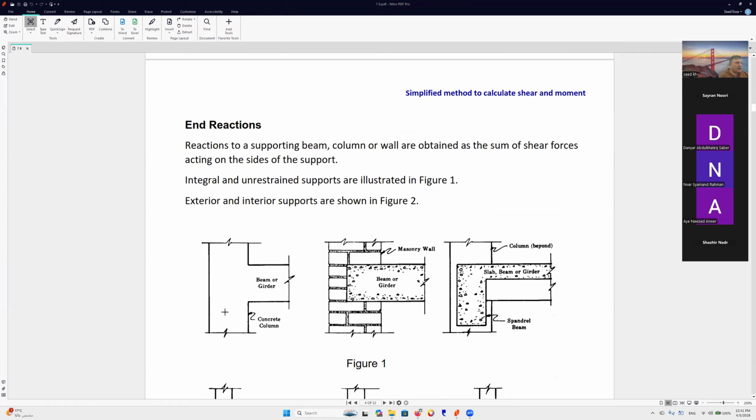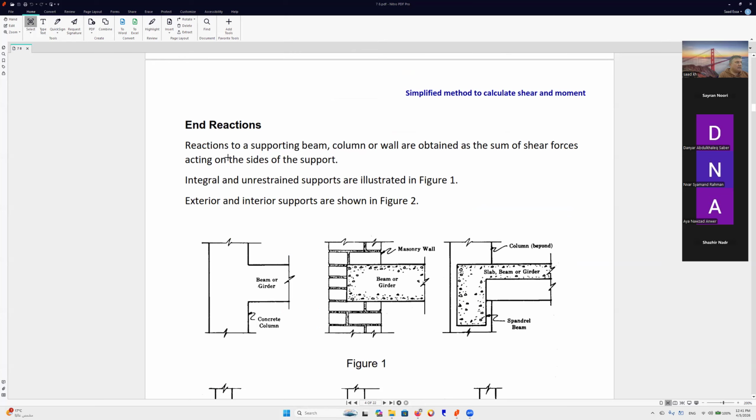For example, here we have a column, we have a beam integrated, okay? Here we have the wall, and here we have a beam or girder, so masonry. And here we have the spandrel beam, okay? So this is the slab or beam or girder, and we have the end of the column. So this is the spandrel beam.